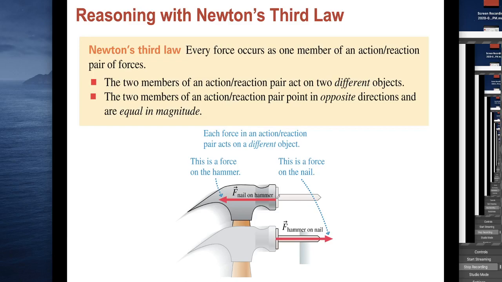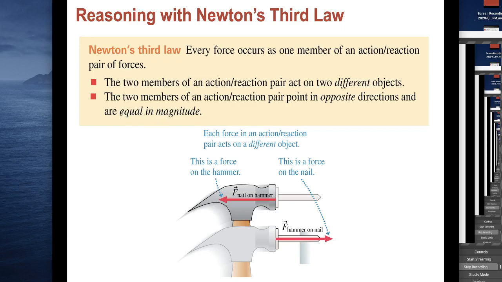For example, when the hammer is hitting the nail slightly, the nail will hit back on the hammer slightly. If the hammer is hitting the nail heavily, then the nail will hit back on the hammer heavily.